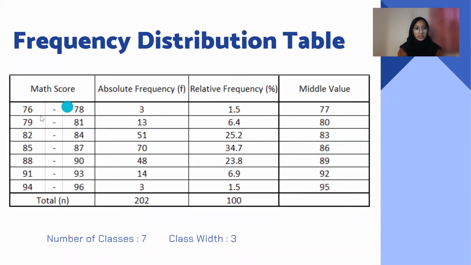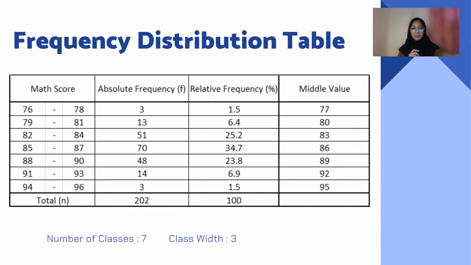So as you can see here, I have 7 classes or 7 intervals, and each interval has 3 values. I start the first interval from 76 and end it at 96. As we know from the descriptive analysis, the minimum value that I have is 77, and it's included in the first interval.